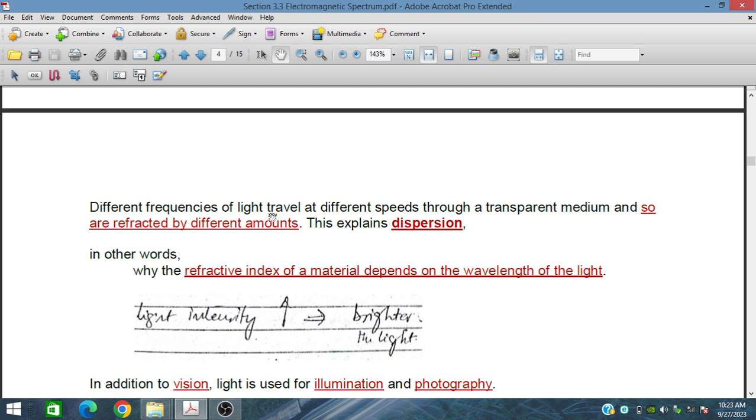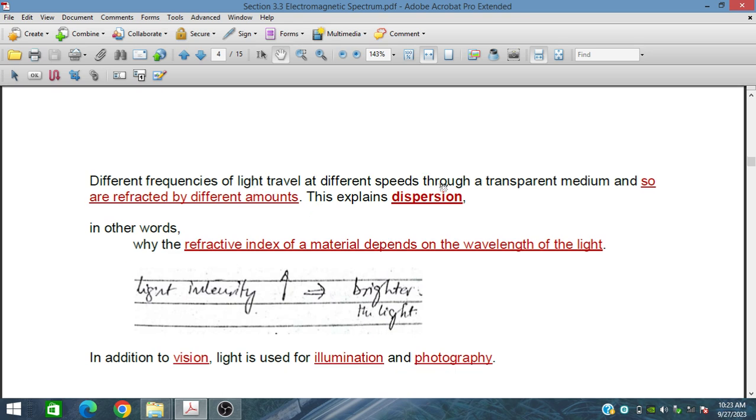Different frequencies of light travel with different speeds through a transparent medium, so they are refracted by different amounts when passing through a denser medium.